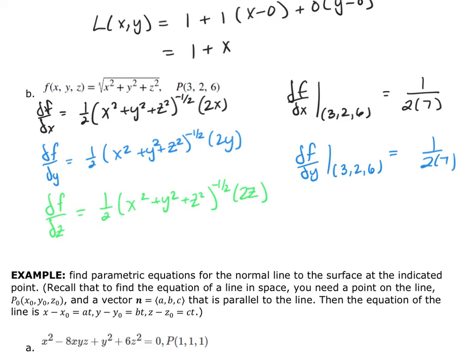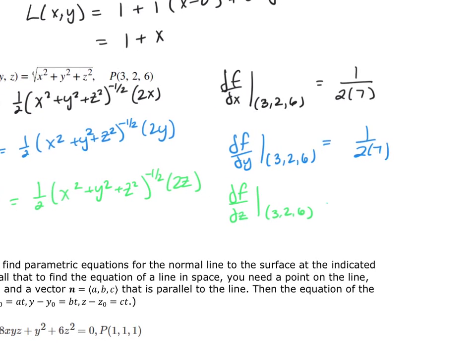And then it's going to be true for this one as well, df/dz evaluated at 3, 2, and 6. This one also has a 2 multiplied by 3, and these 2's cancel. This has a 2 multiplied by 2, and those 2's cancel. And then this has a 2 multiplied by 6, and those 2's cancel.